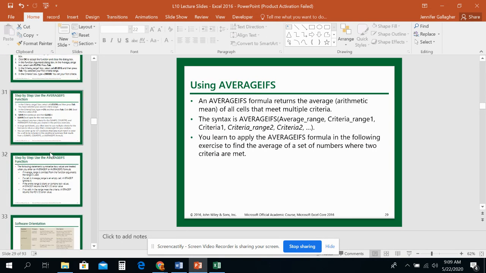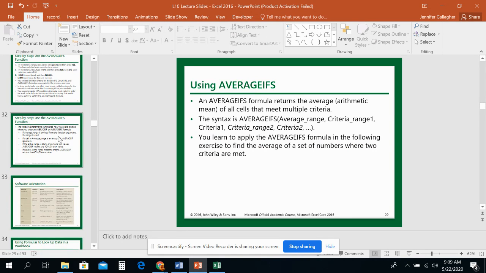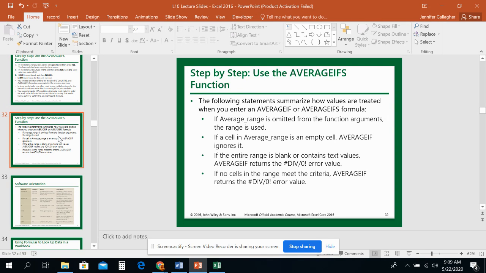All right, so to sum up here, your average range is a lot of the times going to be overlapping, but it says if the average range is omitted from the function arguments, the range is used. If the cell in the average range is an empty cell, Excel is going to ignore it. So what that's saying is the blank does not get averaged in.